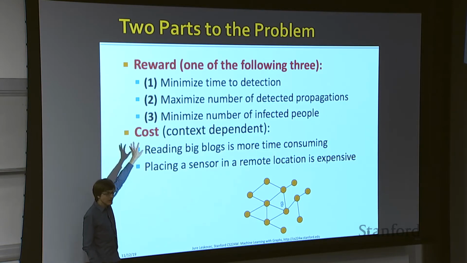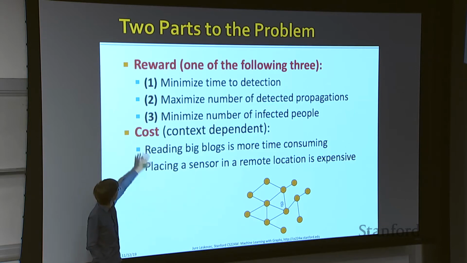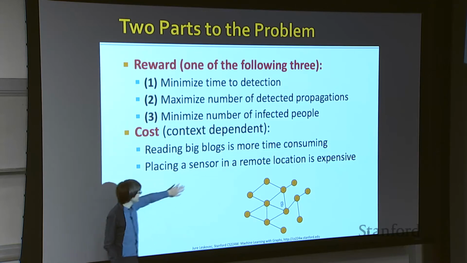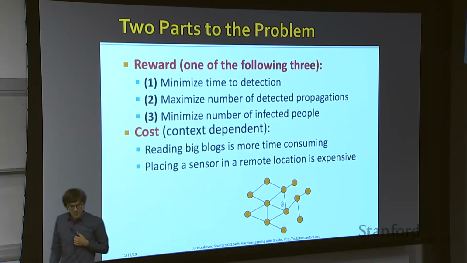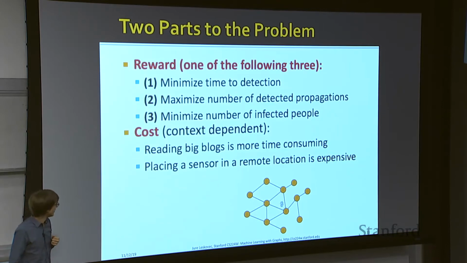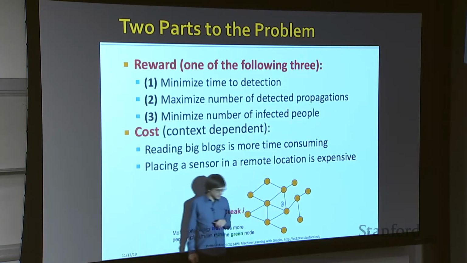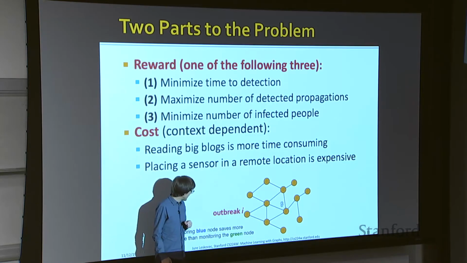They are different, and they give you different trade-offs. And then we'll consider cost, which you can think of as a monetary cost. Reading a big blog takes a lot of time, so that's a time cost. Placing a sensor at a remote location might be more expensive to you. So the idea is that I have a network. Every node in the network will have a cost.